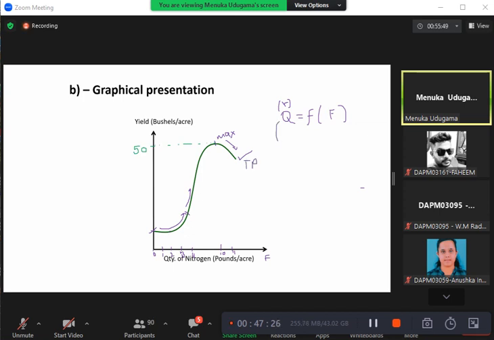Now from this, we can derive 2 other relationships. This is the total product. From this we can calculate the average product, which is important. Average product.